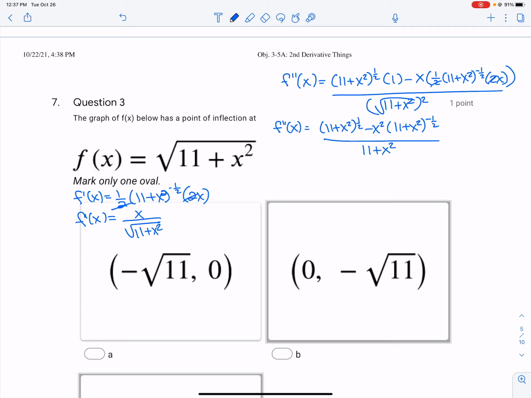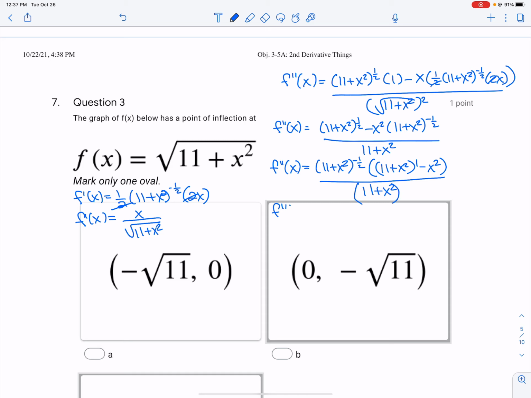So I can factor out, remember how we did that weird factoring, 11 plus x squared to the negative 1/2. I'm left with an 11 plus x squared to the first power minus x squared all over 11 plus x squared.